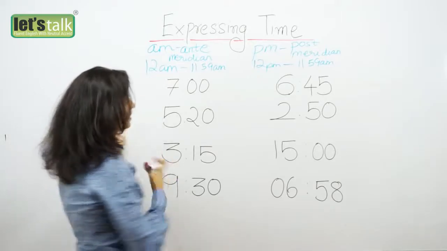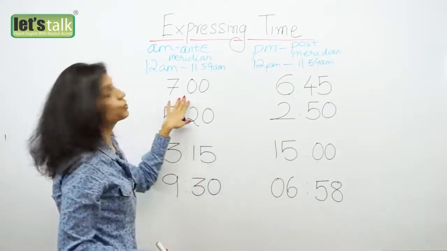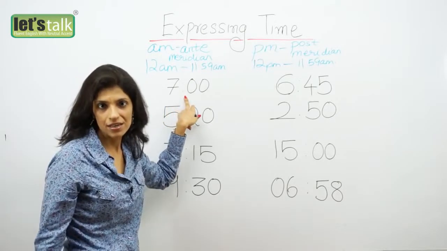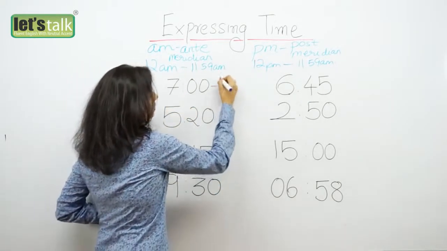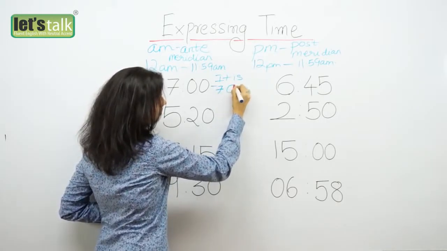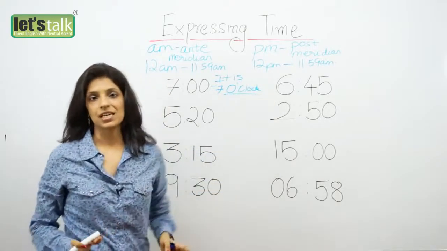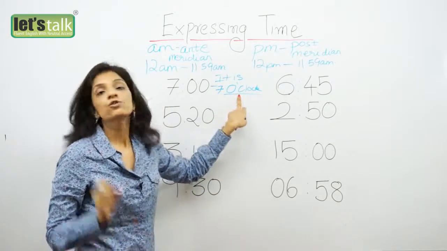Now let's see, we have some time written here. Let's see how we express it. Now if you look at your watch and it's 7, you say it is 7 o'clock, or you can even say 7, that's all right. Now when do we use o'clock?